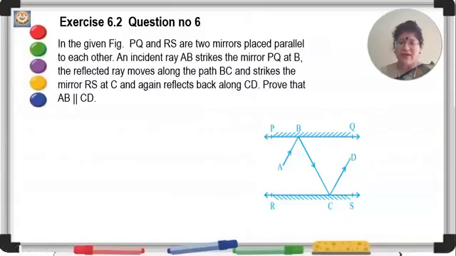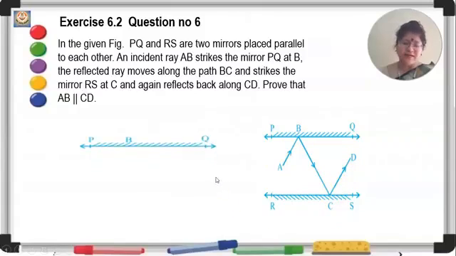An incident ray AB, there is a ray AB that strikes the mirror, and the mirror is PQ, and it strikes the mirror at point B. This incident ray is then reflected. When it reflects, it touches this mirror at point C. And again it reflects back, that is CD. You have to prove this AB is parallel to CD.